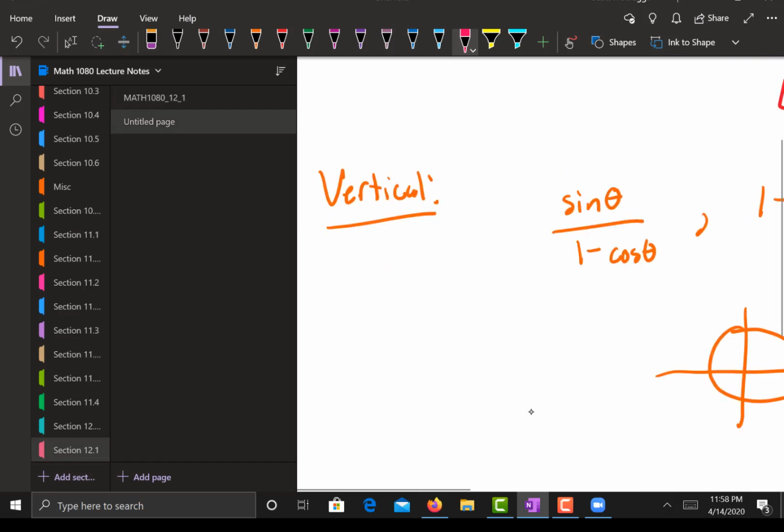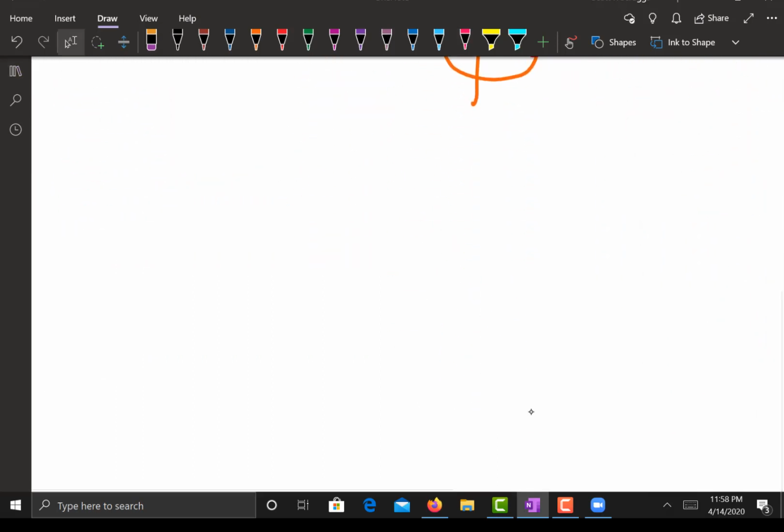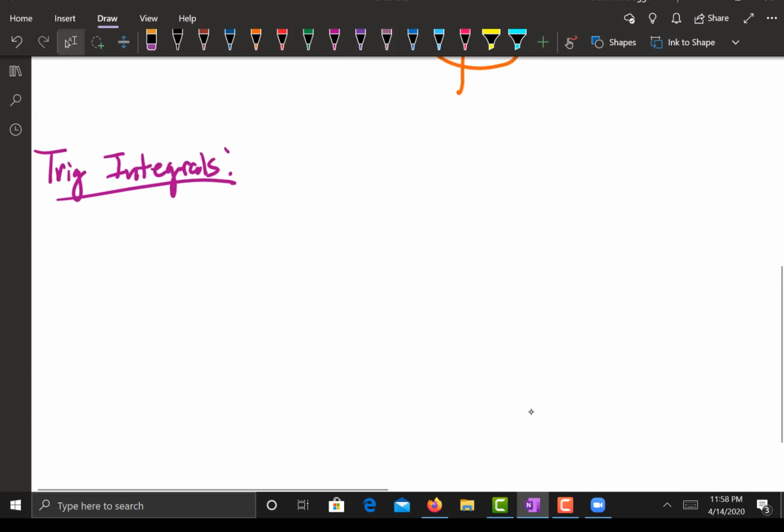And recall back from trig integrals, remember when we talked about trig integrals way back in Unit 2, that if we have a product of sine and cosine and both the powers are even, we're going to somehow rewrite it in terms of cosine or sine of 2 theta. And so let's go ahead and figure out how we can do that. So here's how we're going to do it.